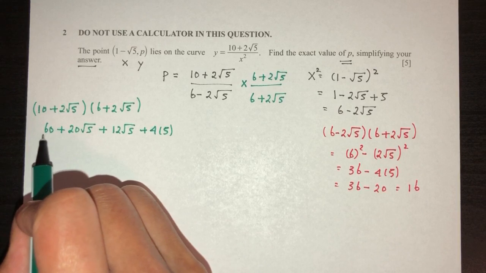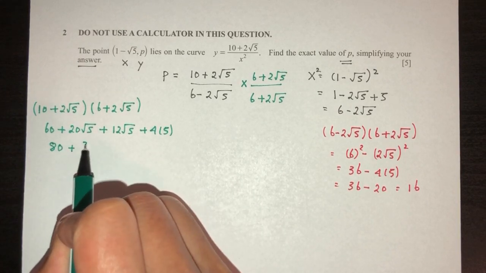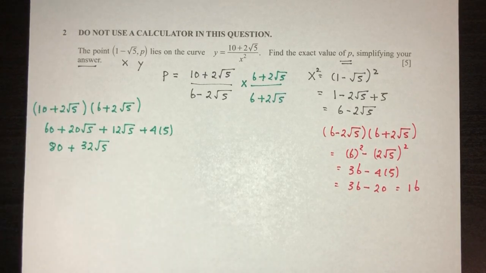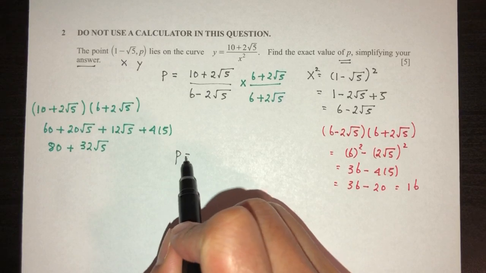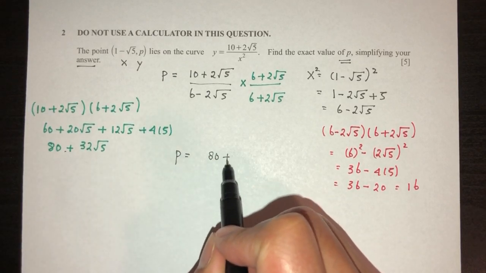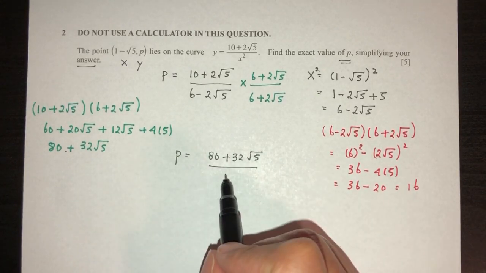Simplify, you will have 60 plus 20, that is 80, plus 32 root 5. Now replace these two back in your equation. So p is equal to, the top you have 80 plus 32 root 5 divided by 16.